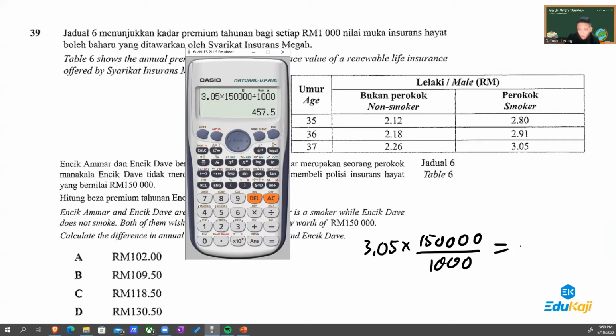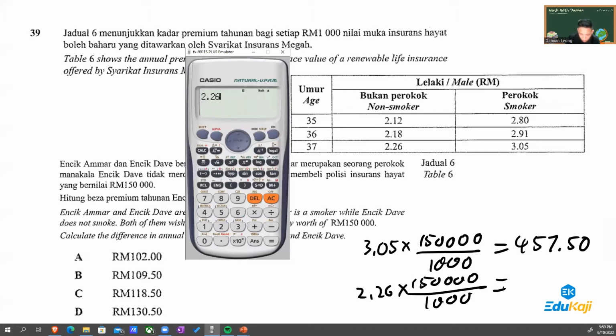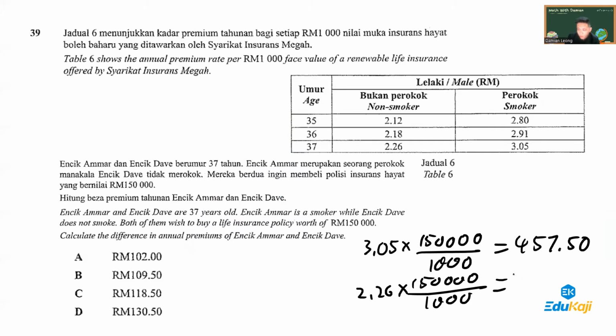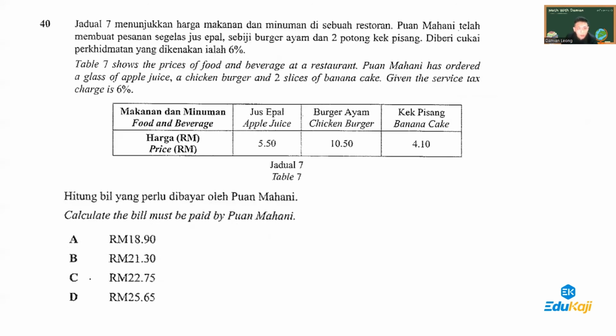So it's 457.5. If it's non-smoker, 2.26 times the same thing, 150,000 over 1,000, $339. So the difference, 457.5 minus 339, I get 118.5. Answer C.